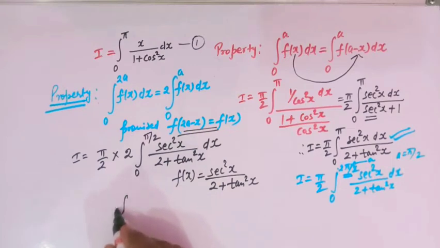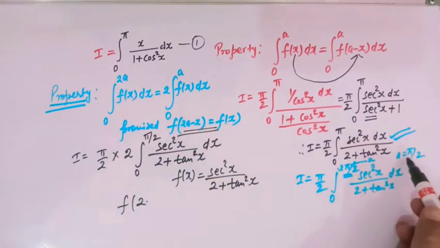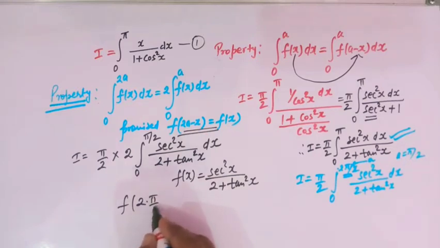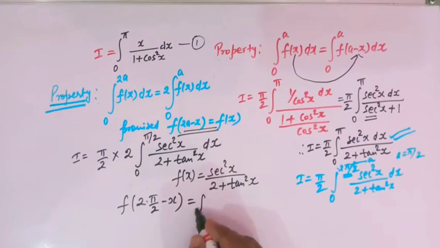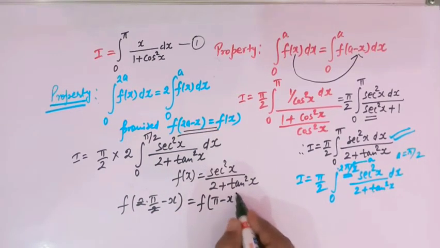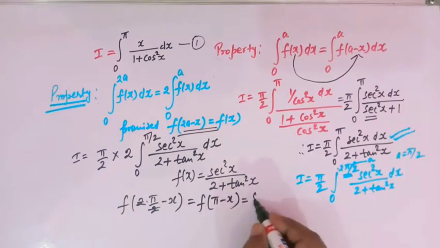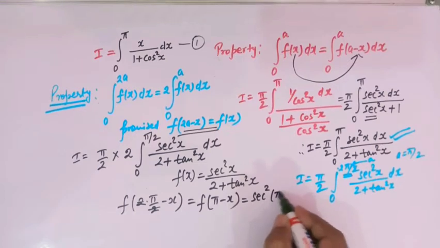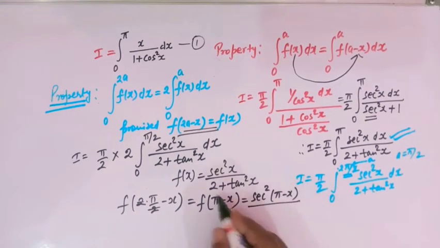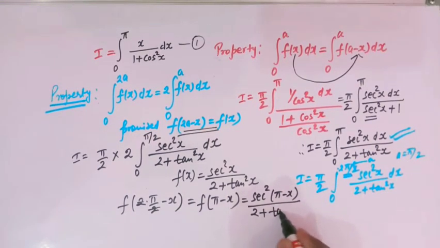So f of 2a minus x, for a equal to pi by 2, is f of pi minus x, which is secant square of pi minus x over 2 plus tan square of pi minus x.